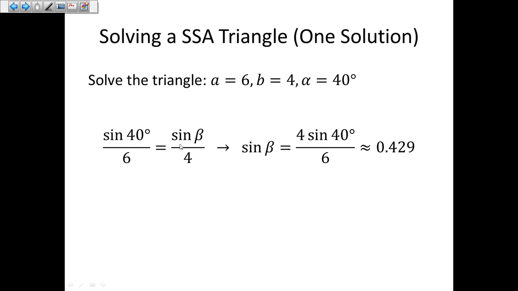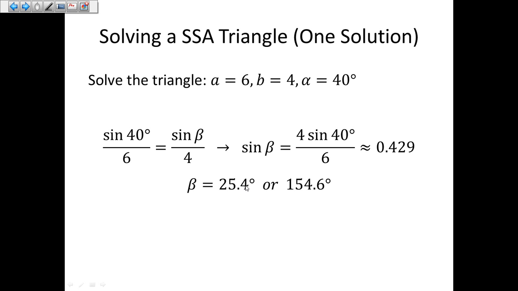I set up my law of sines, I move some stuff around, and I'm looking to get the sine of beta. And the sine of beta is approximately 0.429. Now I'll use an inverse sine in order to solve for this, and my calculator spits out 25.4 degrees.